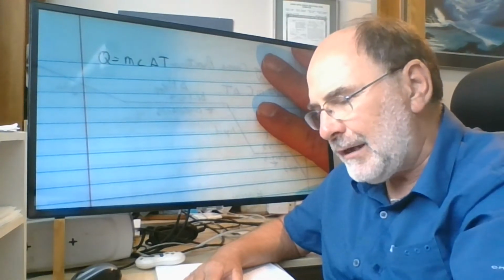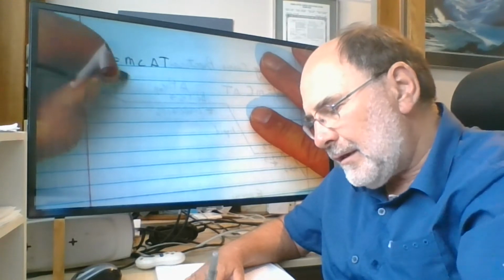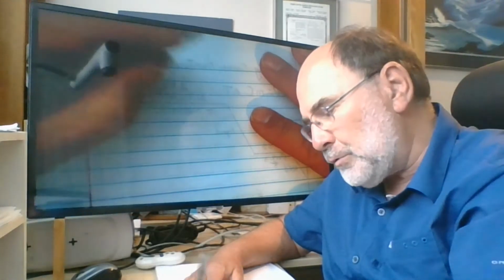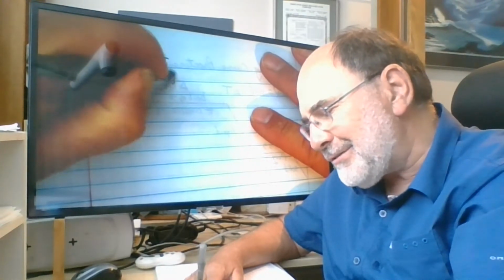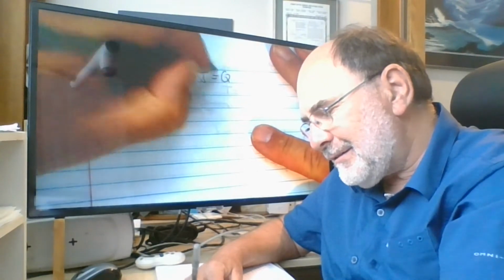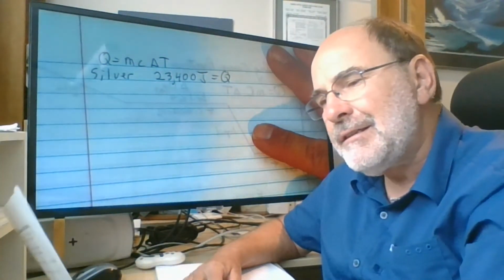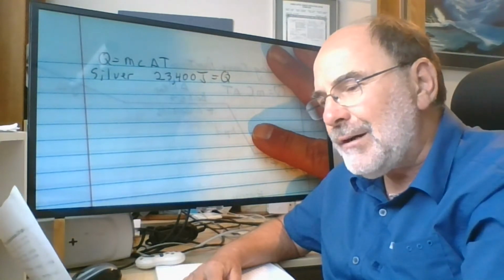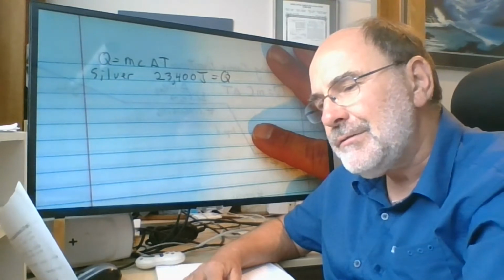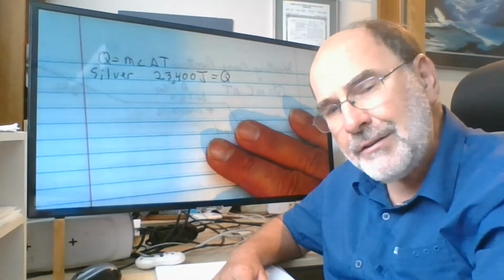So I have silver. And it turns out I have 23,400 joules of energy. Probably, oh wow, it's either solid or liquid silver. I'll say it's solid silver.